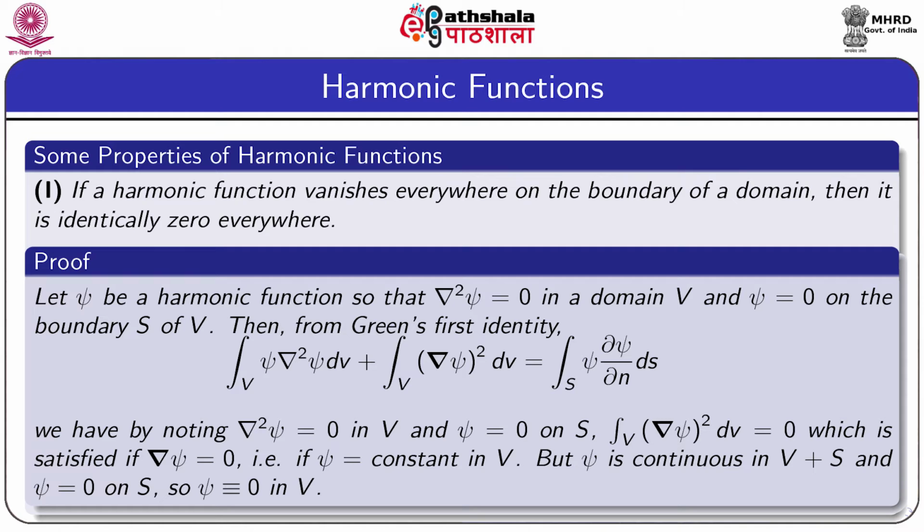Now, using Green's identity, we can write integration over the volume V psi grad square psi dV plus integration over V grad psi whole square dV is equal to surface integral of psi del psi del n over the surface S. Now, we have to note that grad square psi equals to 0 in the domain capital V and psi equals to 0 on S. So, if we use the condition grad square psi equals to 0 in V, the first integral in the left hand side is equal to 0.